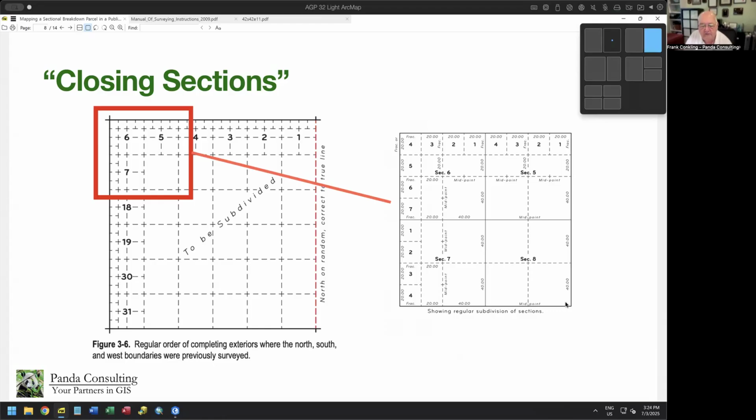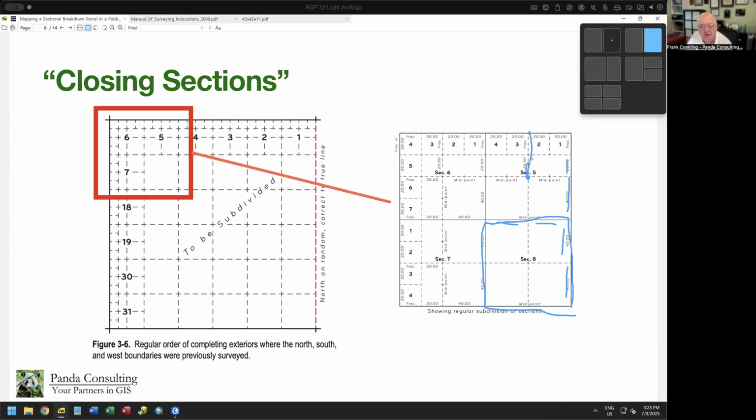So, for example, this is section 8 here. This is a normal section in which you see 40 chains, 40 chains. This is 40 chains and 40 chains. But in section 5, you see 40 chains, and then you see 20 chains. Remember, they dropped it here, and then they measured up, but they want to split this up when they're dividing the townships.